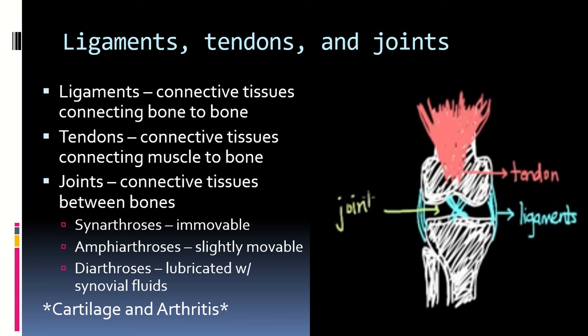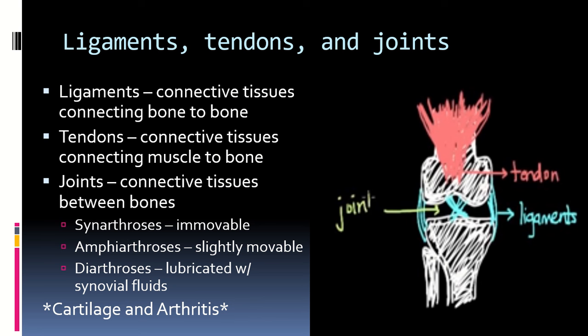These do not actually move around. The amphiarthroses, which are slightly movable. They have a little bit of give. And then there are the diarthroses, which are well lubricated with synovial fluids.